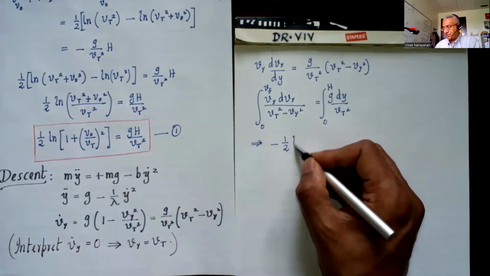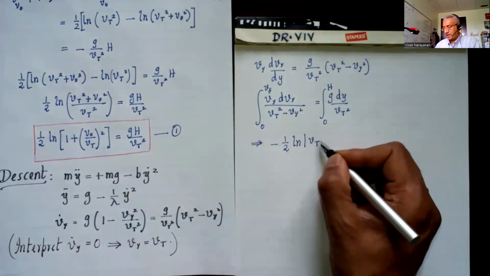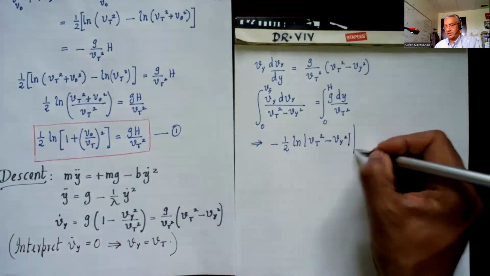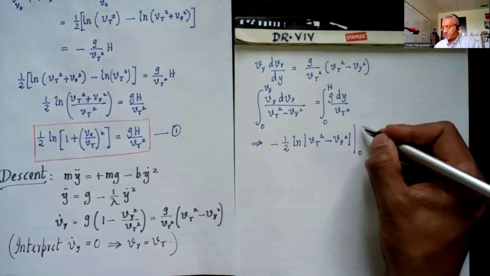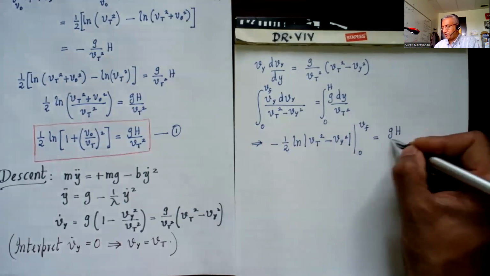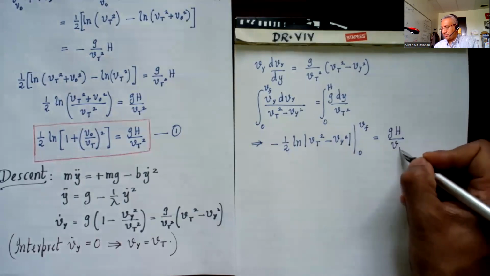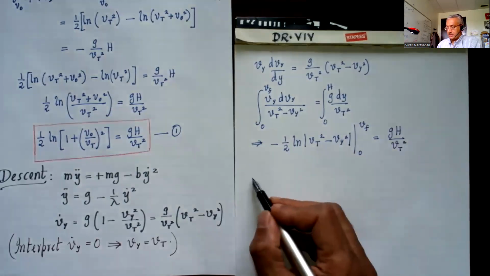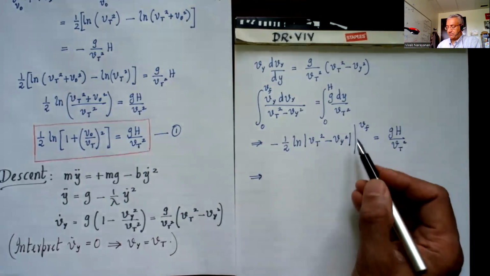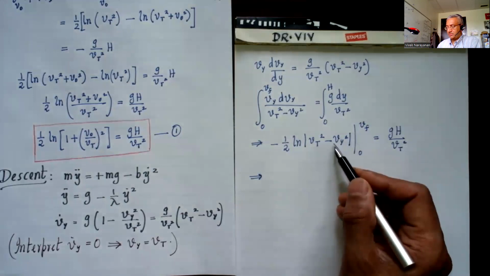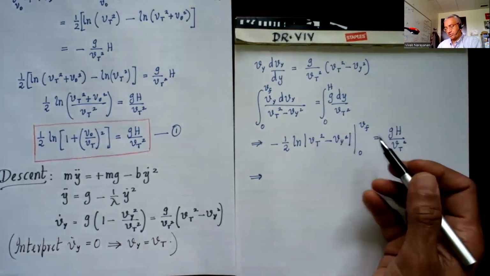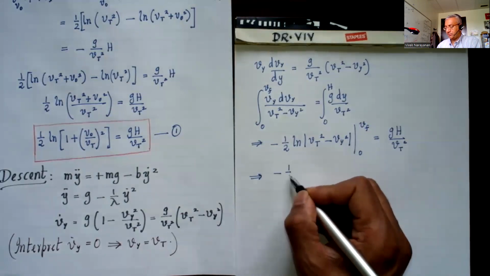Minus natural log of vt squared minus vy squared between the limits of 0 and v final. And the right-hand side is a trivial integral, gh over vt squared. Let's work this out. The upper limit will give me a contribution. The lower limit will give me a contribution. I'll get a difference, and a difference is the ratio of the logs. So I'll do all that in one step.